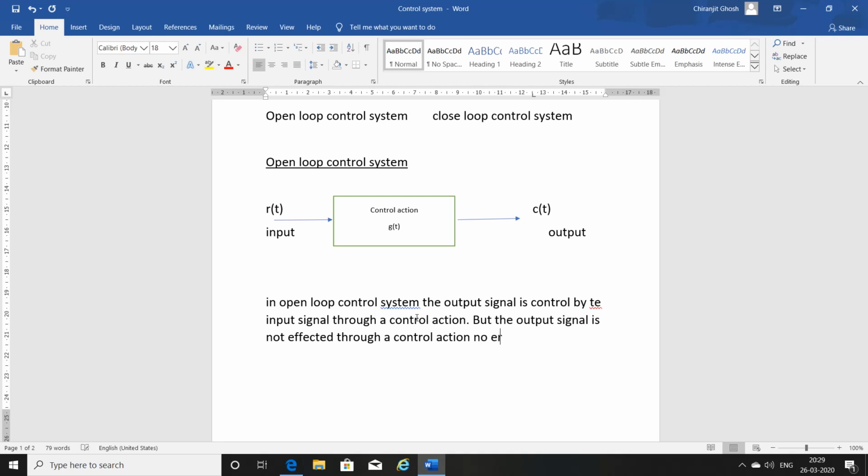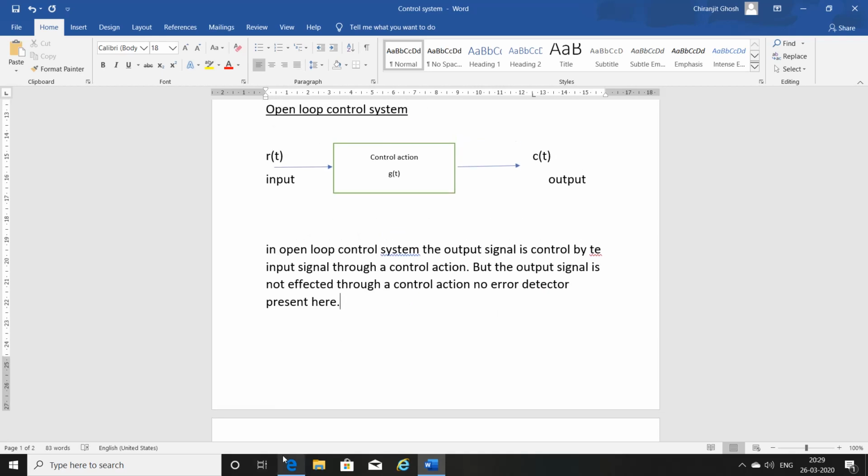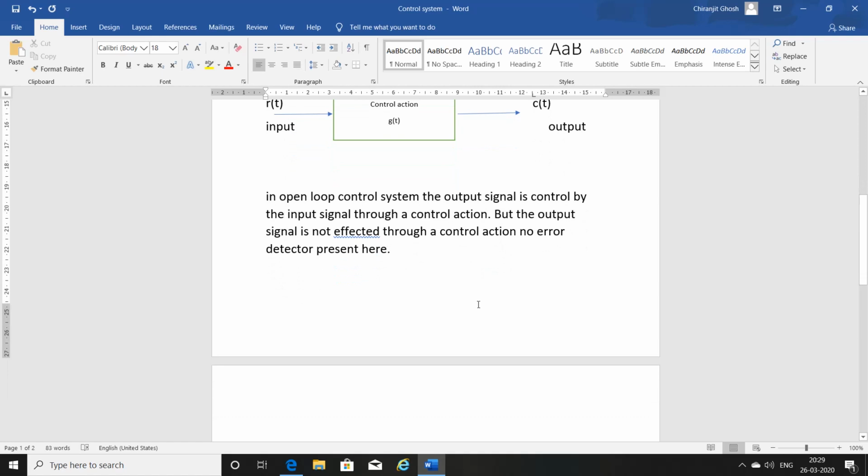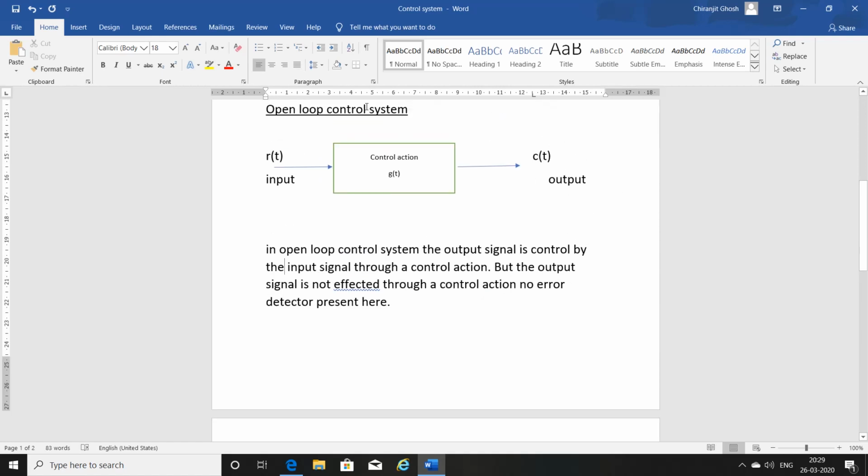No error detector is present here. In this open loop control system, this is the output function and this is the input function.